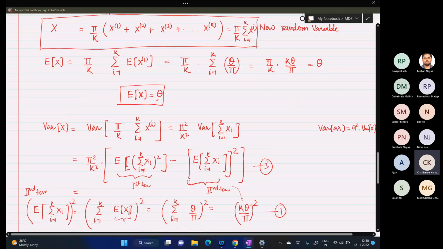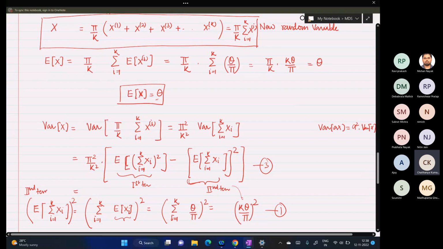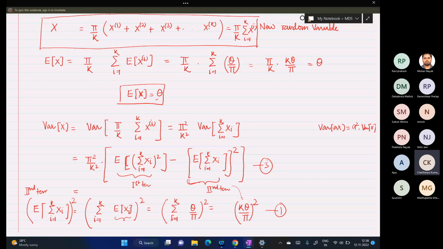There, in the third equation, the second term is expectation of x whole square, expectation of sigma xi whole square. So I've just calculated it. Okay, so the k by pi is missing there and we scaled for that. Okay, good, thanks. Yes, yes.